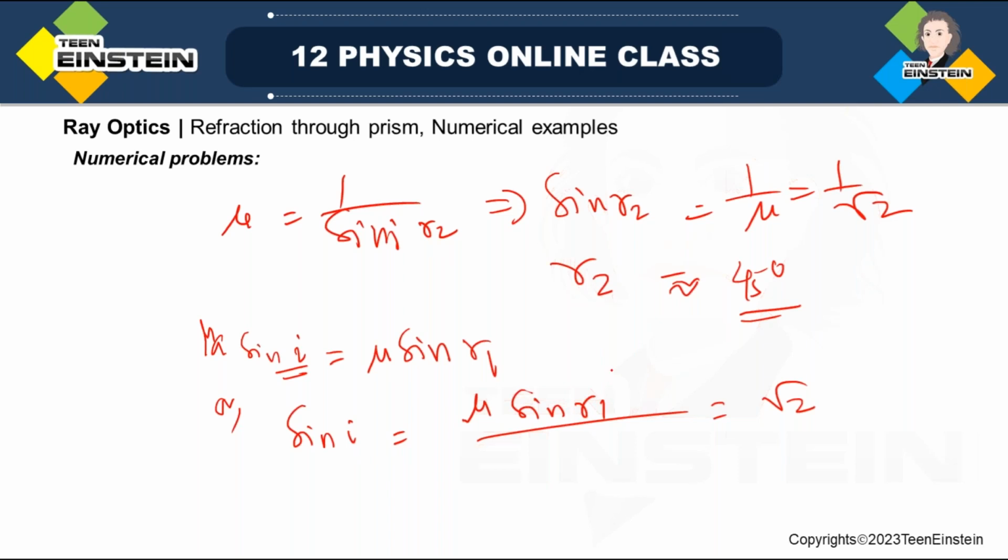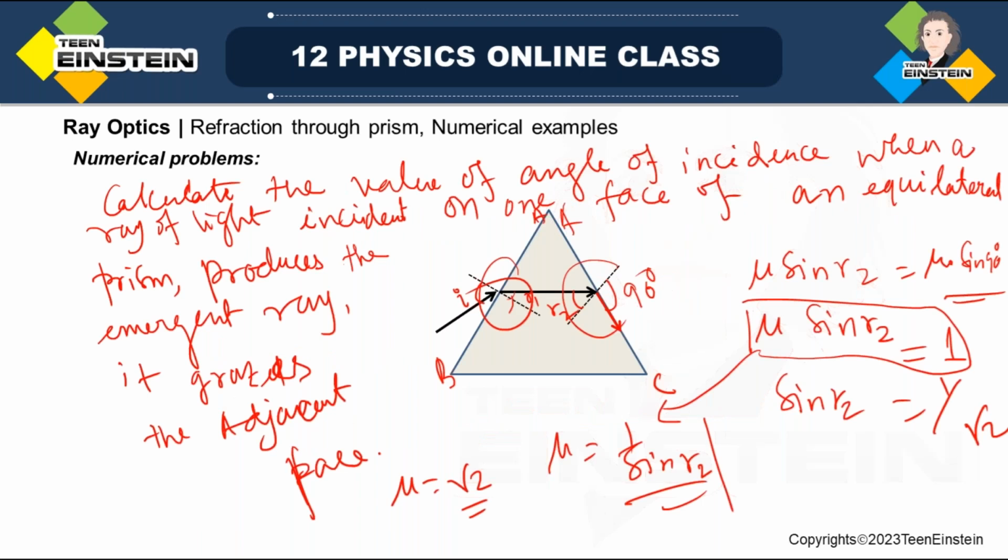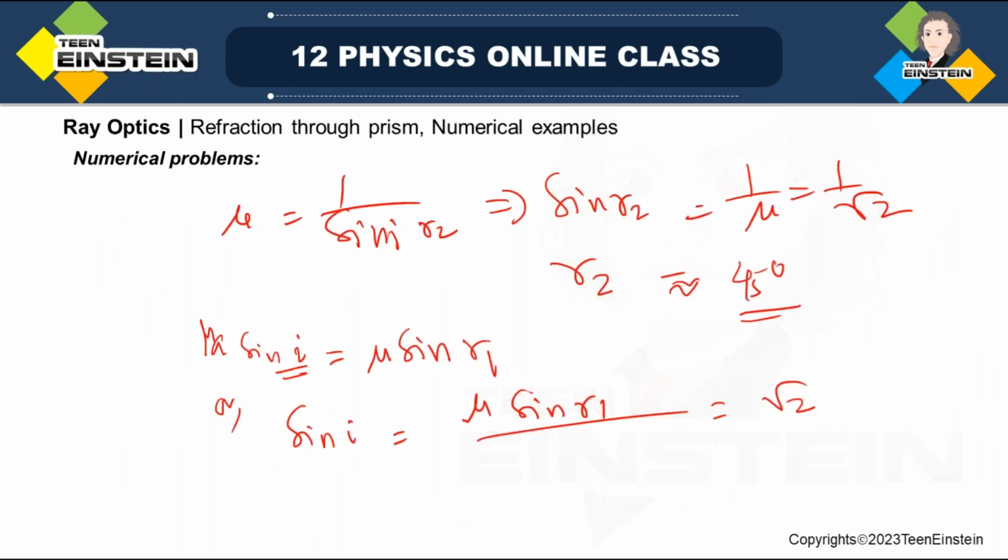Now R1 is equal to R2 at minimum angle of deviation. For the equilateral triangle, we have to find out R1, which is not given.